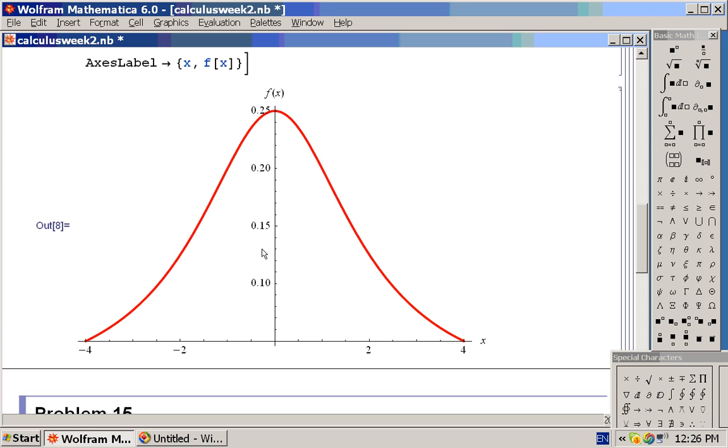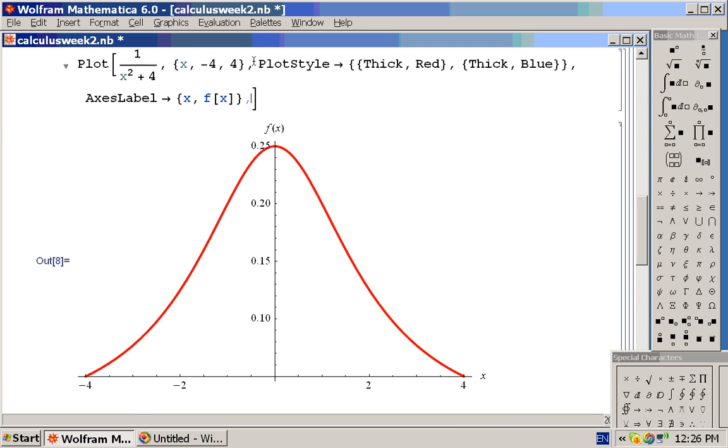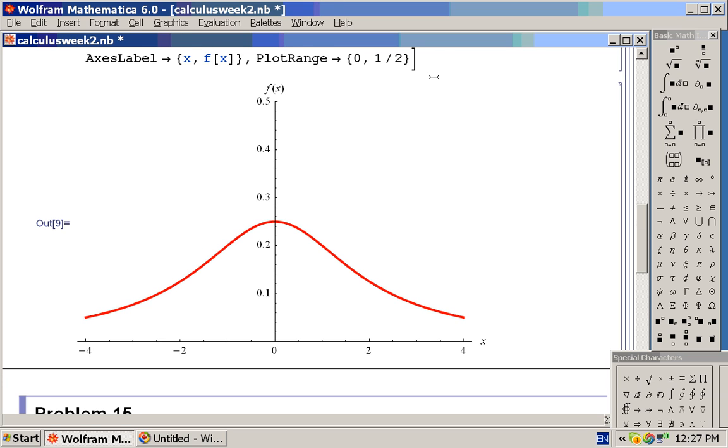It looks like what we expect, though we want to see it between 0 and a half, and there it goes.